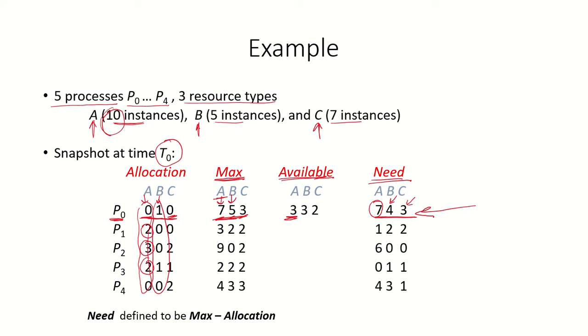If we add the B, 1 plus 1, 2 instances have been used, total were 5. That means 3 are still available, and if we add the resource instances of C, 2 plus 1 plus 2, 5 have been allocated out of 7. So 2 are still available. So these are the data structures we have at time t0.